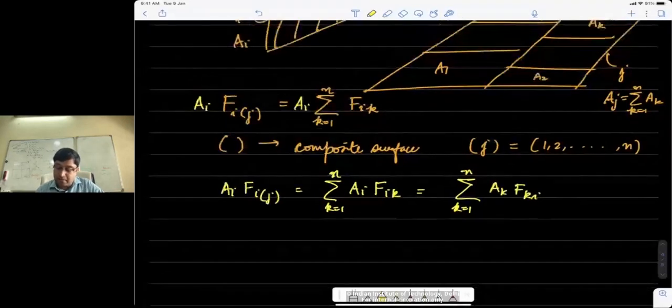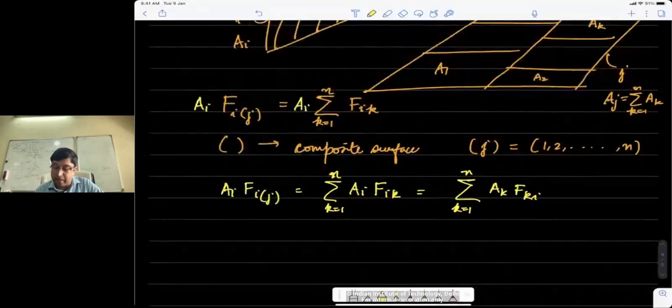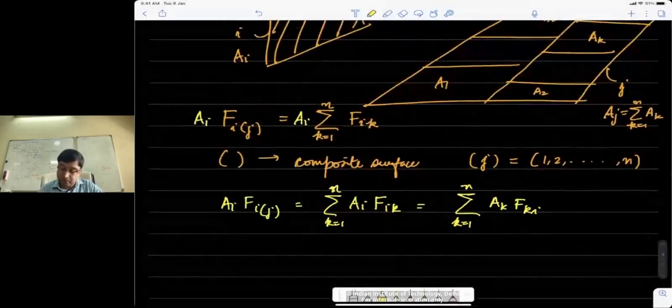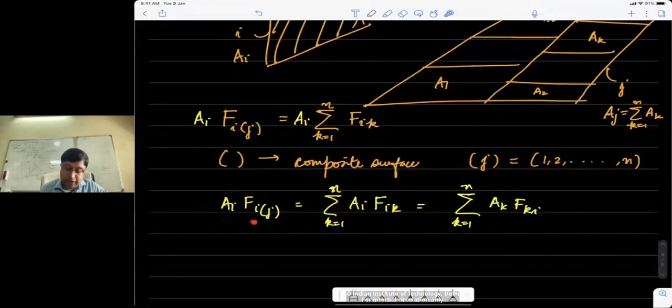So that basically becomes a multiplication of the area of element K times the view factor of radiation leaving surface K and reaching surface I. And the left hand side itself here, AI Fij, could be written as AJ Fji.